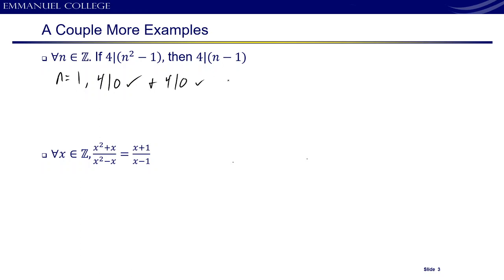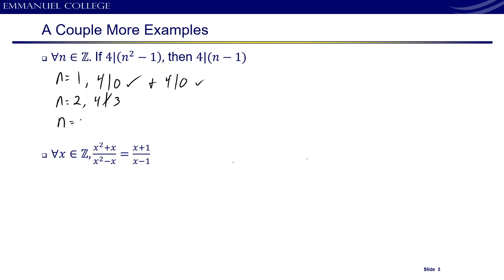Okay, so that's true. I don't need n equal to 2 because that's going to give me 3. If I did n equals 2, I would get that 4 does not divide 3. So it really doesn't matter about the second part because I've got a false implies whatever.